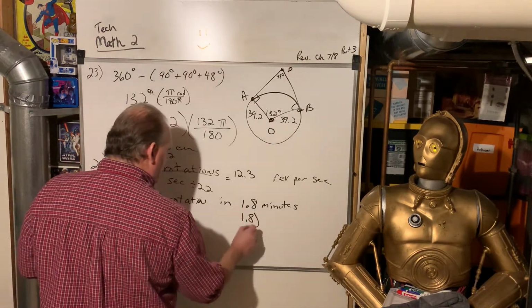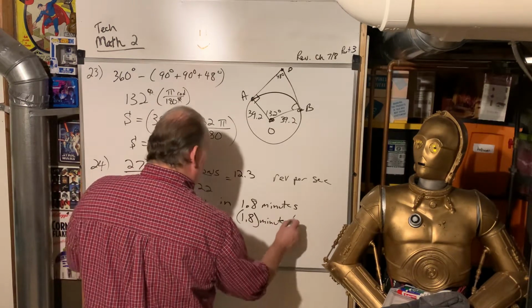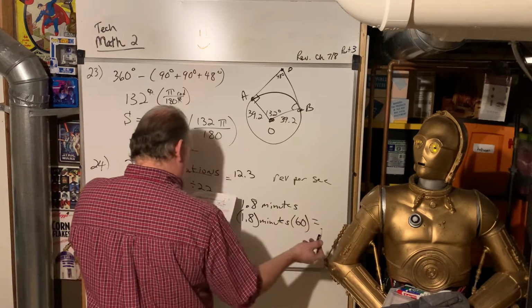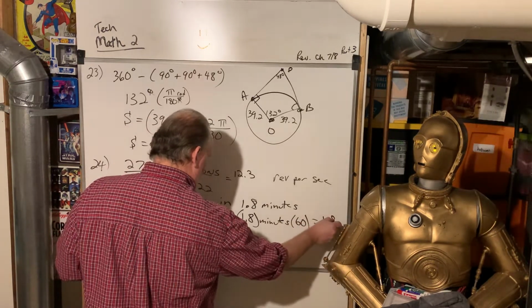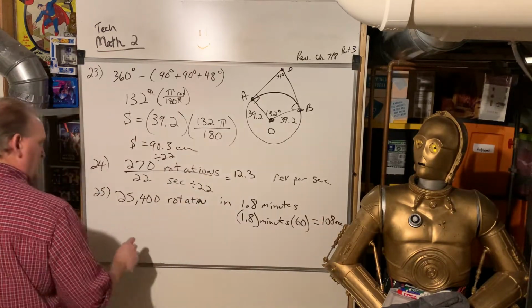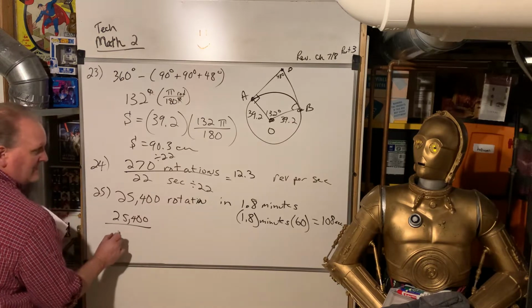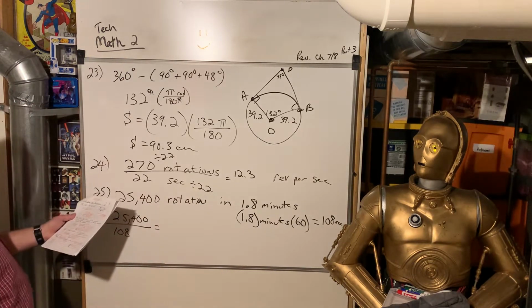So 1.8 minutes times 60 seconds in a minute, right? So that's 108 seconds. So now it's just like the one that they gave us above. Okay? So 25,400 divided by 108.